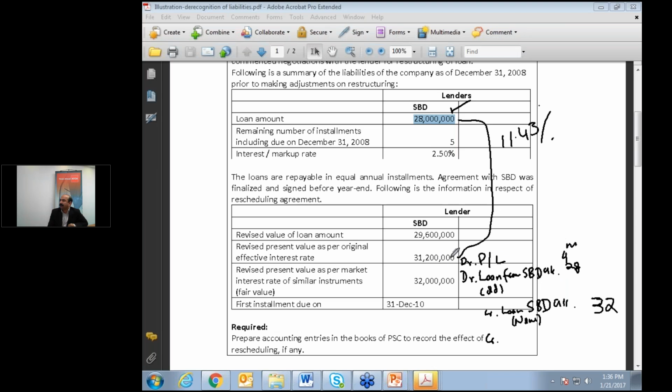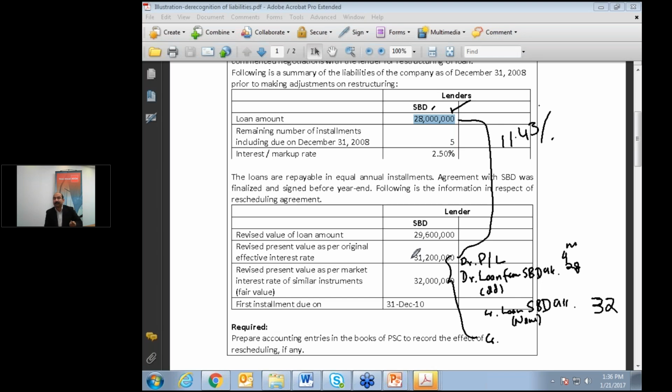So this way you will be treating de-recognition. Now I do expect one question will arise. While deciding whether this change in terms is substantial or not, we compared this original liability with this figure, which is the revised present value as per the original effective interest.